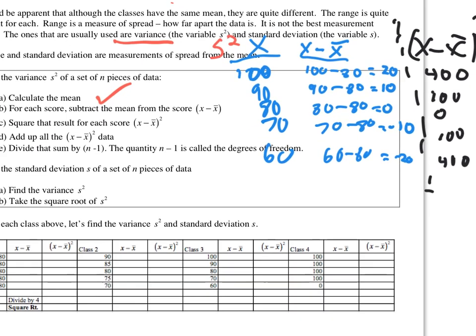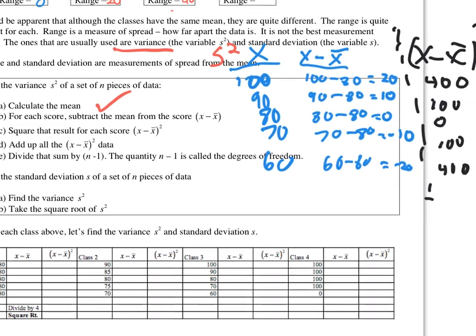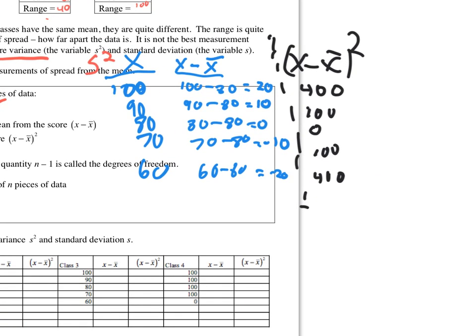What's the next step? It says, add all of the x minus x bar squared. So I am going to add all of these up. I hear calculators, that's okay. 1,000. Exactly.